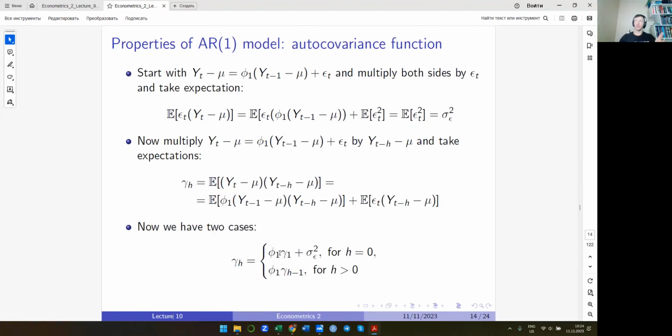So we constructed the autocovariance function. Autocovariance for h 0, which is variance, equals this. Autocovariance of any order larger than 0, 1, 2, 3, 4, 5, equals this. So autocovariance itself depends on the previous values.